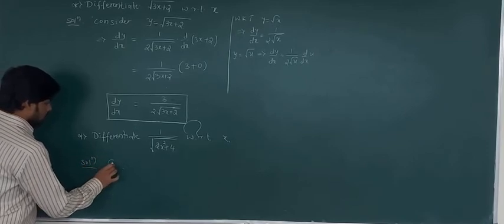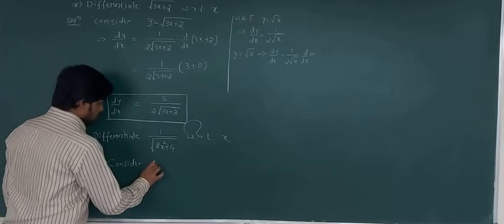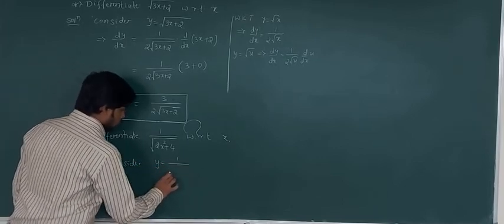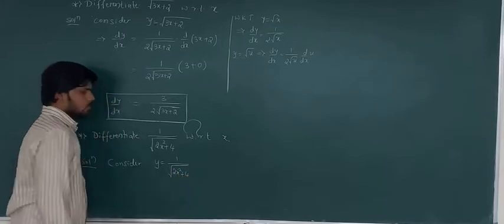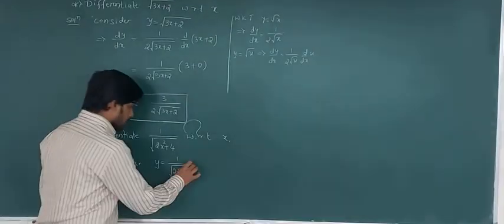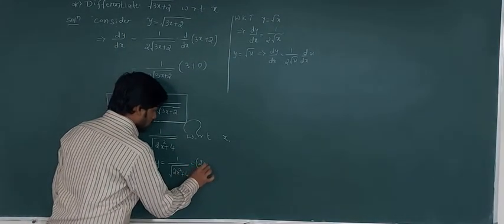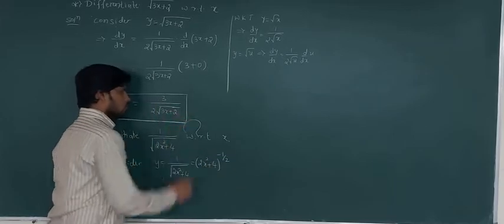Here the given function, consider y is equal to 1 upon square root of 2x square plus 4. This can also be written as 2x square plus 4 whole to the power minus 1 by 2.